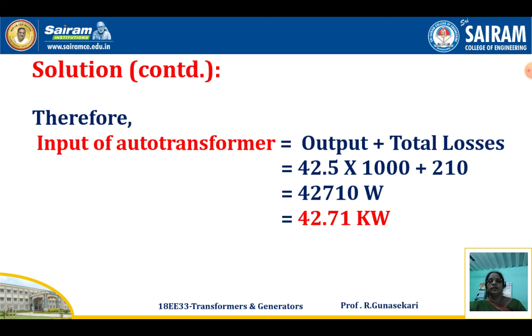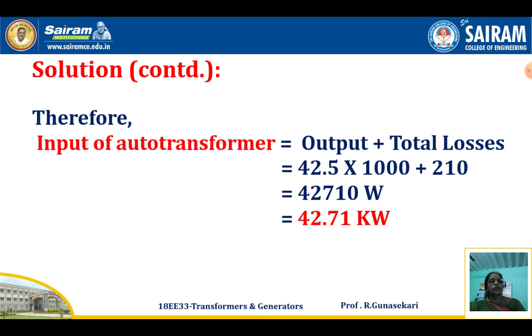The two winding transformer is only operated as an auto transformer, so the losses are the same. Now we calculate the input of the auto transformer. Input is nothing but output plus total losses.